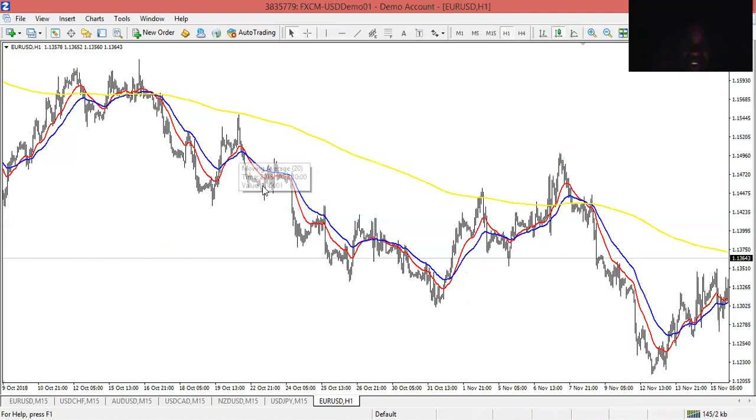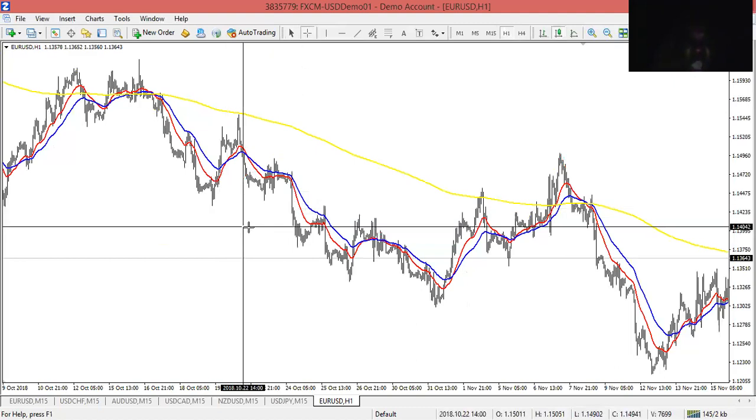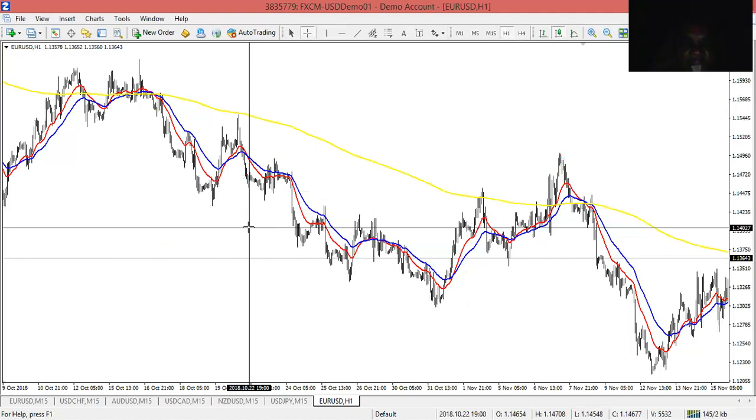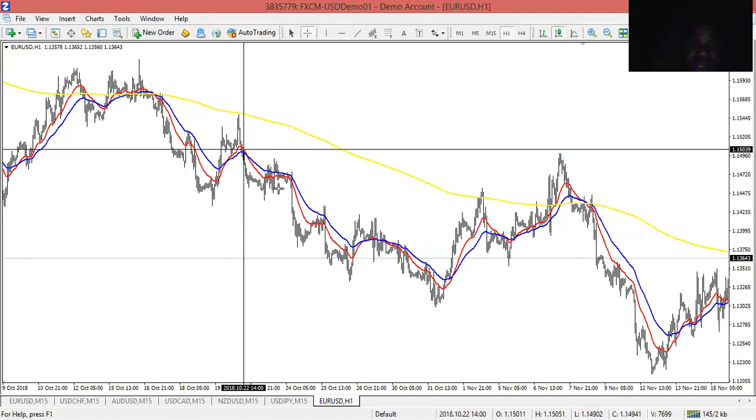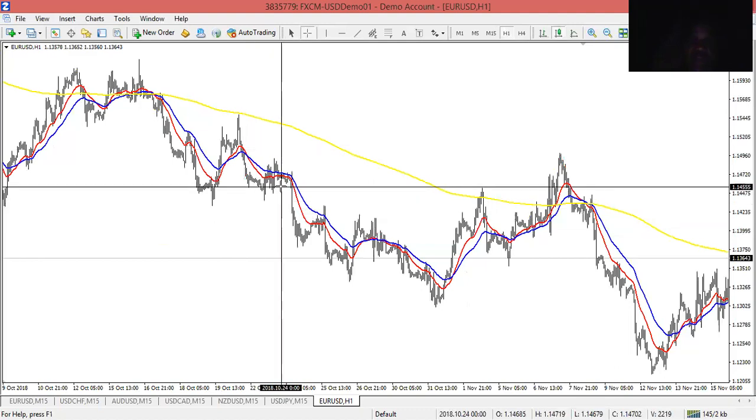On this cross back, this is where you want to enter. It crosses on this particular indicator, on this particular candlestick. So on crossing here, you want to enter.